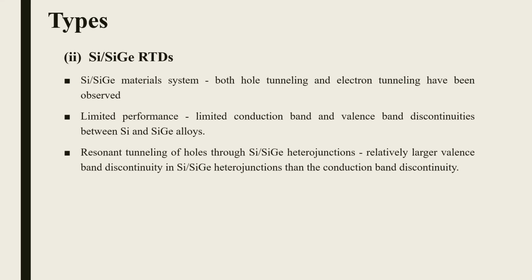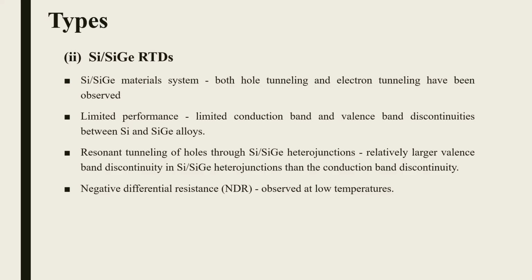Resonant tunneling of holes through silicon or silicon germanium heterojunctions was attempted first because of the typically relatively larger valence band discontinuity in these heterojunctions than the conduction band discontinuity for strained silicon germanium layers grown on silicon substrates.